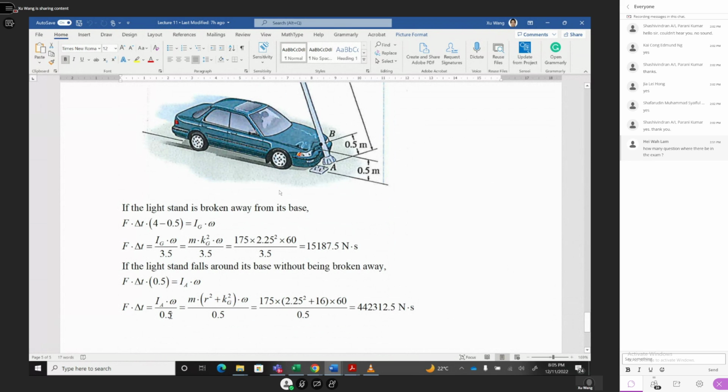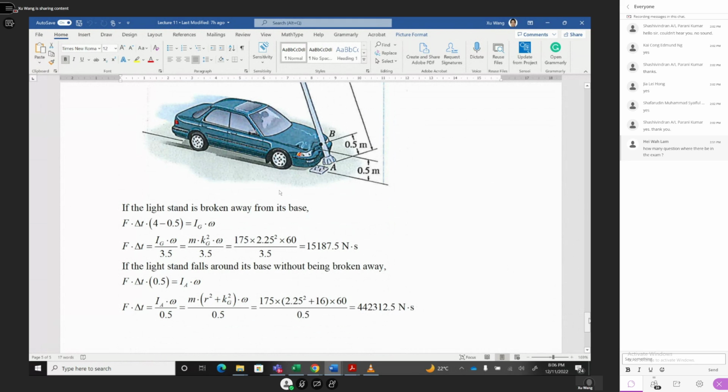Omega is 60, divided by this distance 0.5, and they get a total of 312.5 Newton and impulse. This impulse is much larger than the other impulse, because if it falls down at the base, not broken down, you need a very large impulse. If broken down, the impulse is much less.